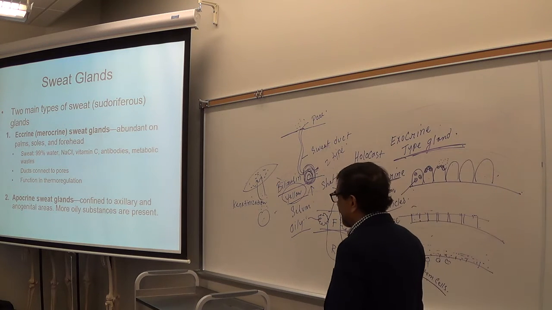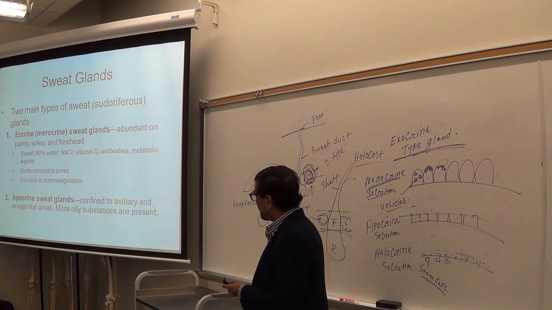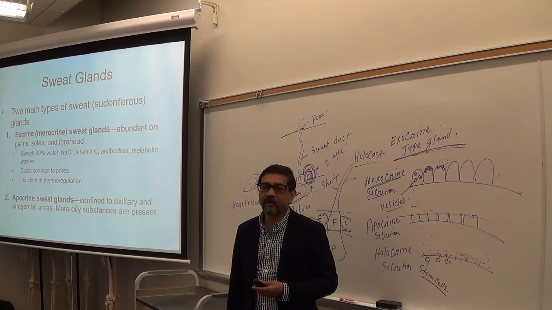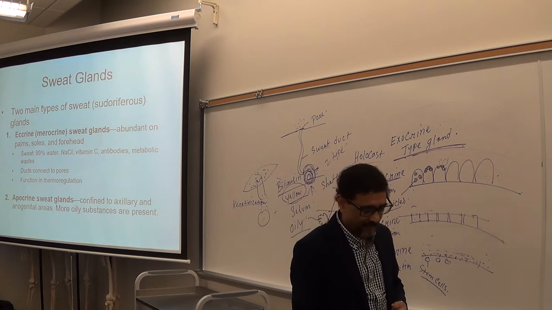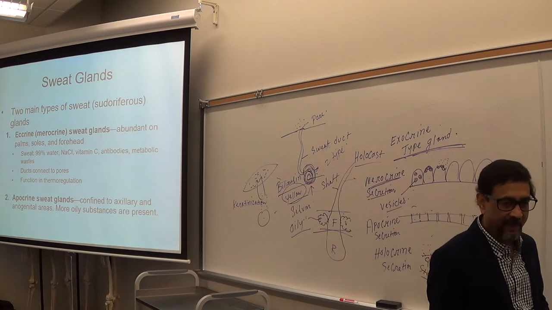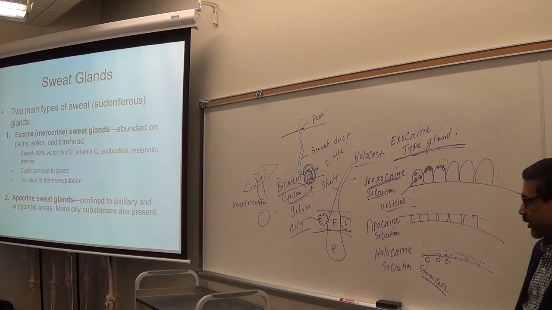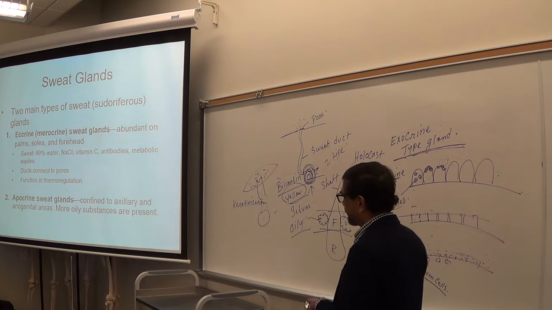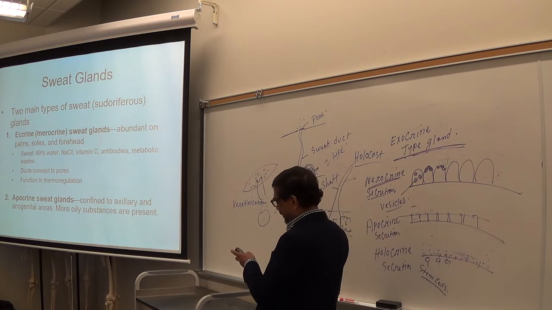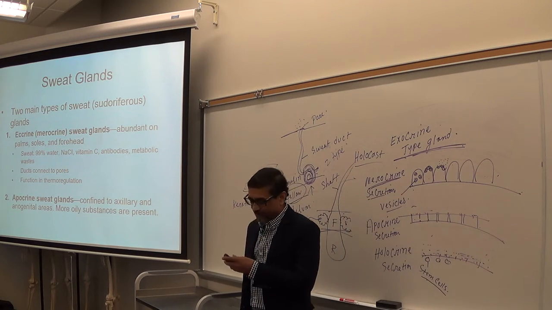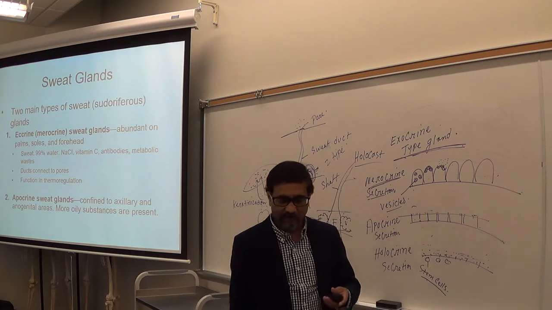Apocrine glands are confined to axillary and anogenital areas: the axillary, armpit area, and around the genital organs and anus. Why in those areas do you have this type of sweat glands?